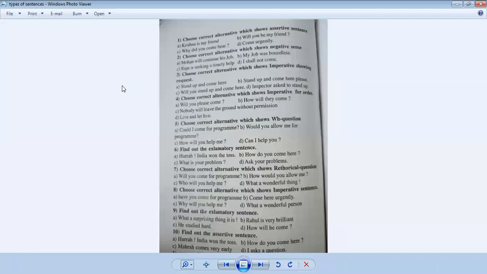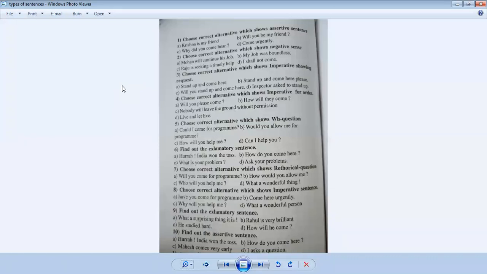Choose the correct alternative which shows negative sense. Mohan will continue his job. My job was boundless. Raju is seeking a timely help. And I shall not come. So here option D is correct. Yes. Choose the correct alternative which shows imperative showing request.